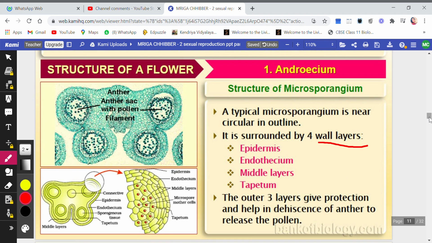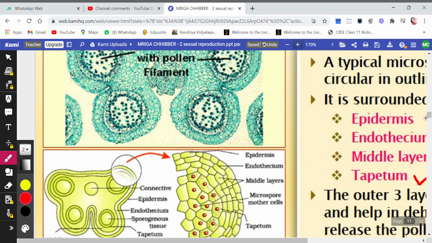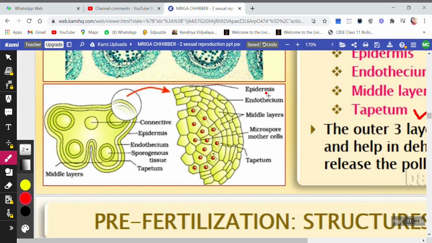Now the names of the walls from outside to inside. The outermost layer is the epidermis, then comes the endothecium, then the middle layers, and the innermost layer is called the tapetum. Again, let me zoom it for you. See the four walls: the outermost is the epidermis.